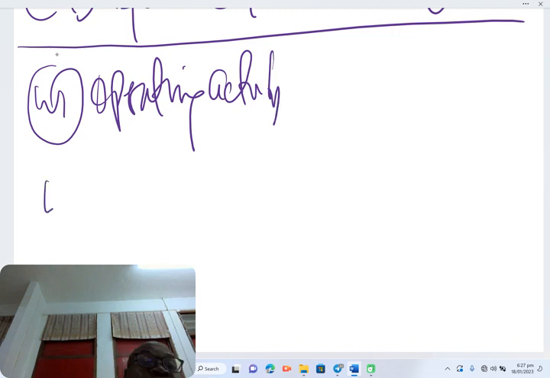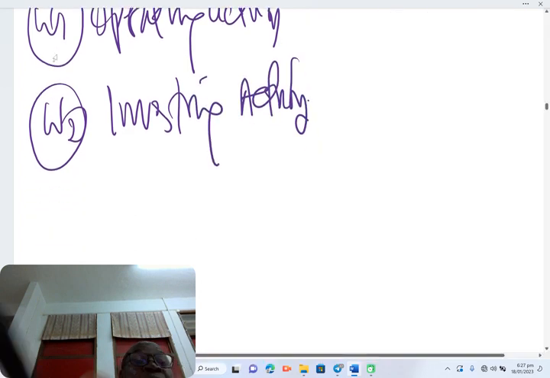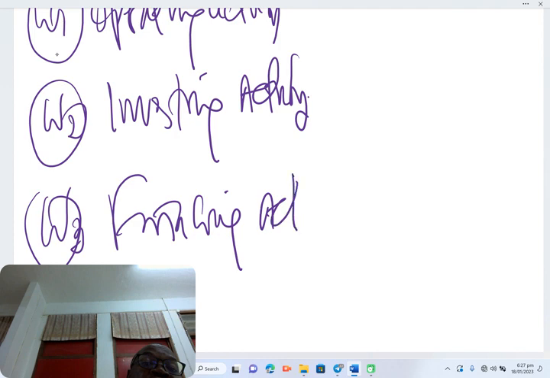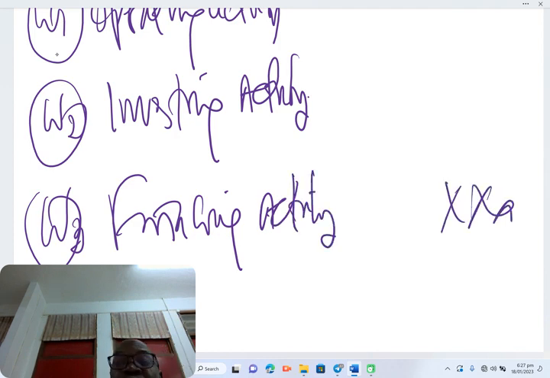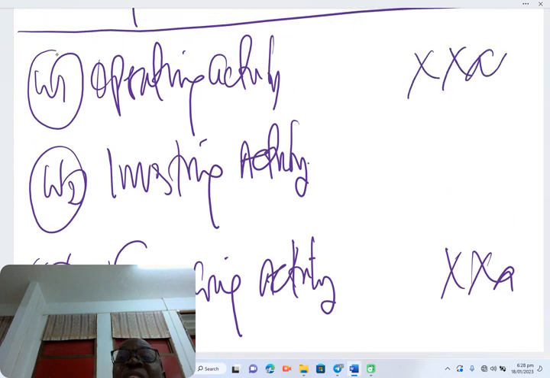Number 2, investing activities. Number 3, financing activity. So this is how it works. Now, buying shares, investing in shares, is it an investing activity, financing activity, or operating activity?